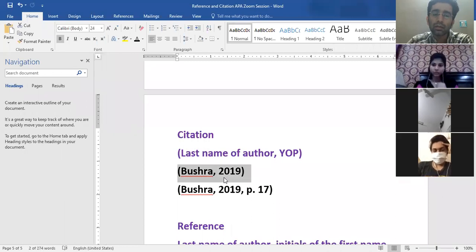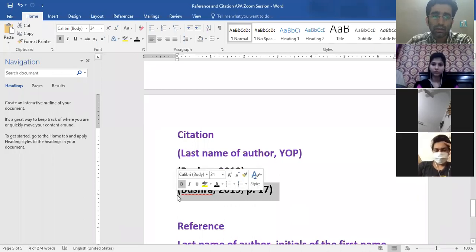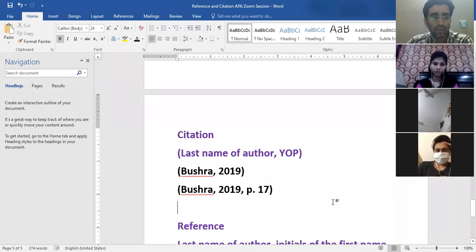Paraphrase, exactly. Paraphrase, good. And this is in the form of a quotation or quote. So it remains the same for book and journal.